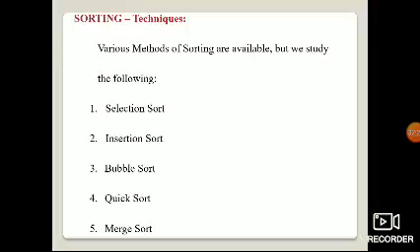Insertion sort is like playing cards, where we have to place each element. First we compare which is greater and which is smaller, and then decide where it should be located: at the first position, after the first element, or between the first and second elements.